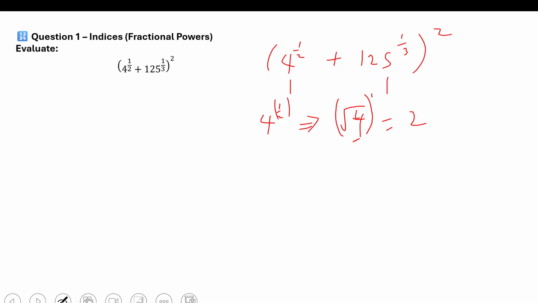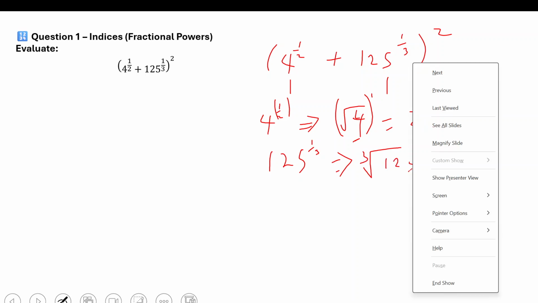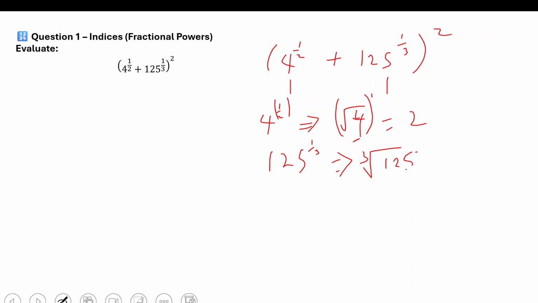And for the 125 raised to power 1 over 3, again, I have a fractional exponent. The denominator, 3, is telling us that this is a cube root of 125, all raised to power 1. And this cube root will give us 5.